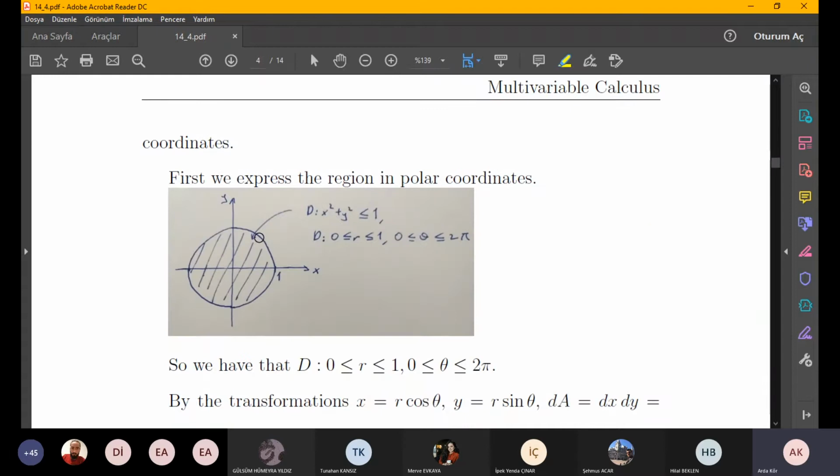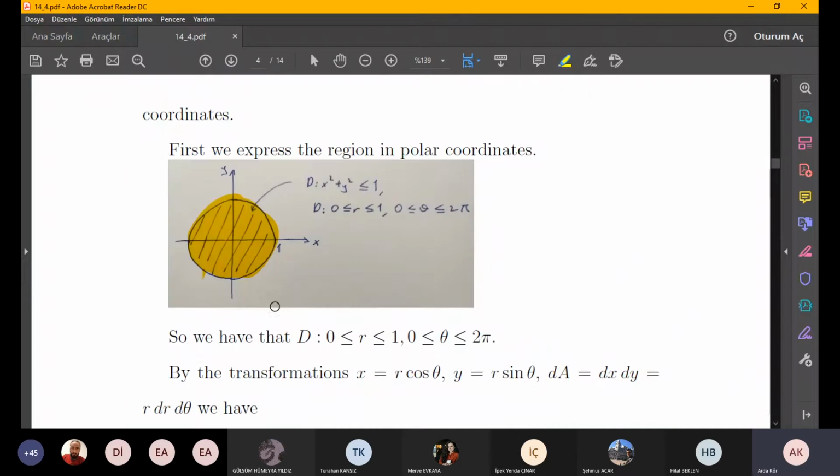Since the integration domain D is the unit disk, which is shaded here, we can describe that region in the polar coordinate system like this: r is between 0 and 1, and theta is between 0 and 2 pi.